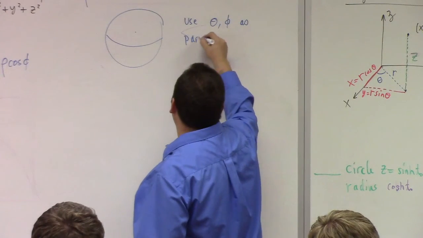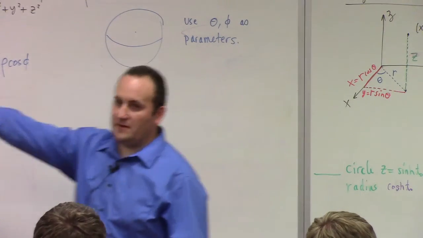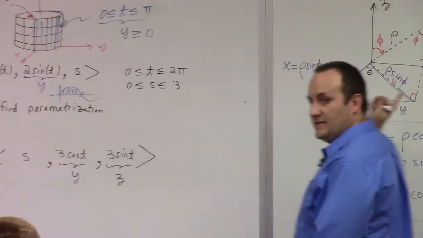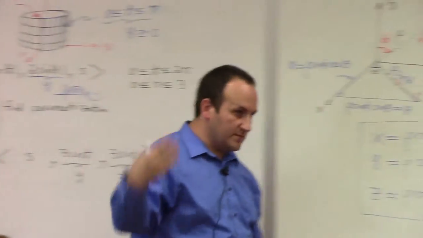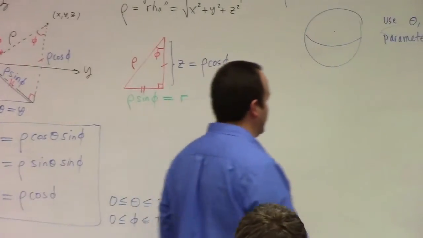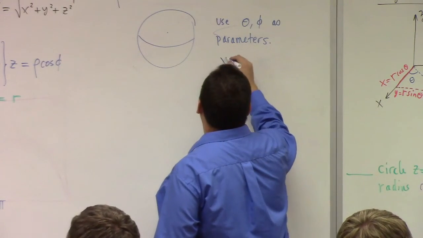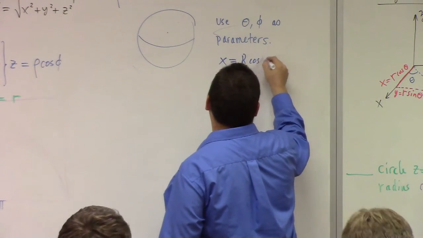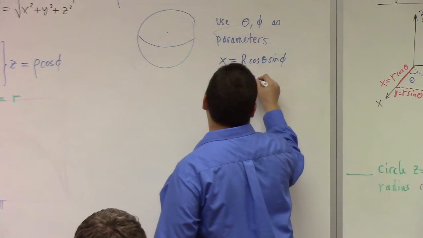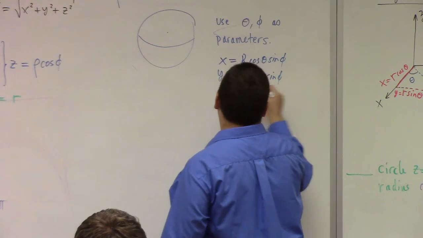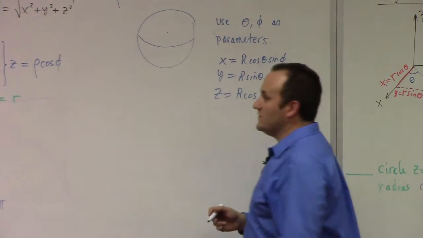If you go back to my last lecture, the thing I put in the box, the thing I wrote down from the thin blue sky, was exactly that, just using spherical coordinates. That's the man behind the curtain, if you will. So x is equal to r cosine theta sine phi, y is equal to r sine theta sine phi, z is equal to r cosine phi. There you go. Those are the parametric equations for a sphere.